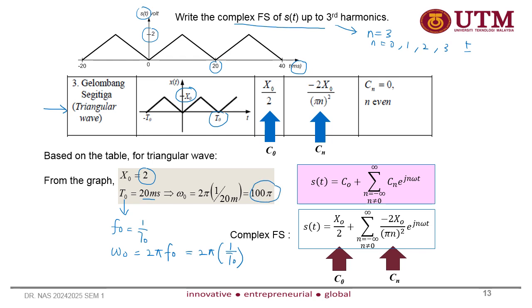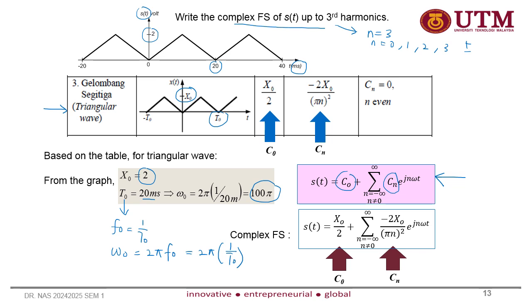Next, write down the general equation, C0 plus the summation of Cn e^(jn omega t). Replace the C0 and Cn equations based on the equations shown in the table.